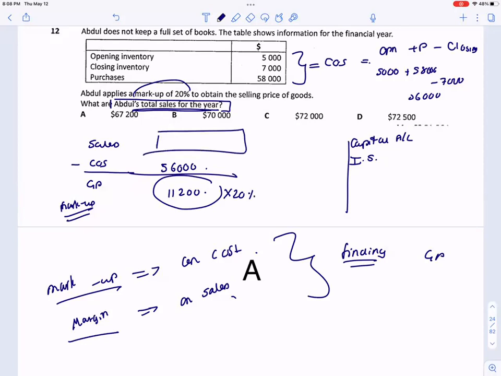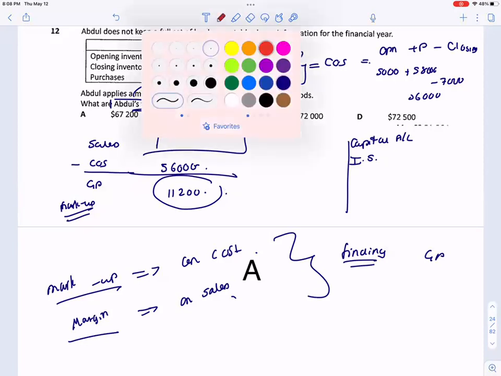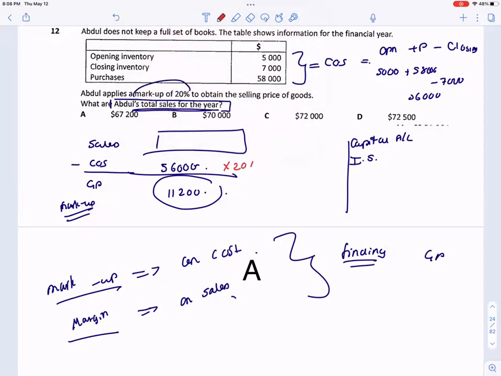Miss, you have to add the 11,200 also to the cost. So what is the sales? 67,200. Option A.